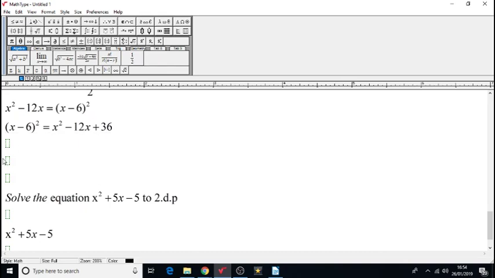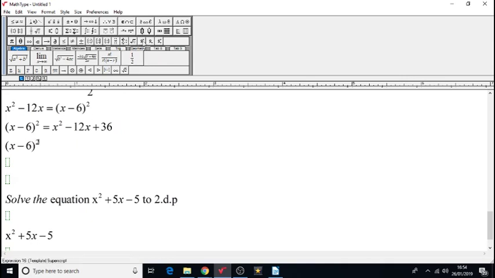So therefore we will have x minus 6 squared minus 36, and that's equal to x squared minus 12x.